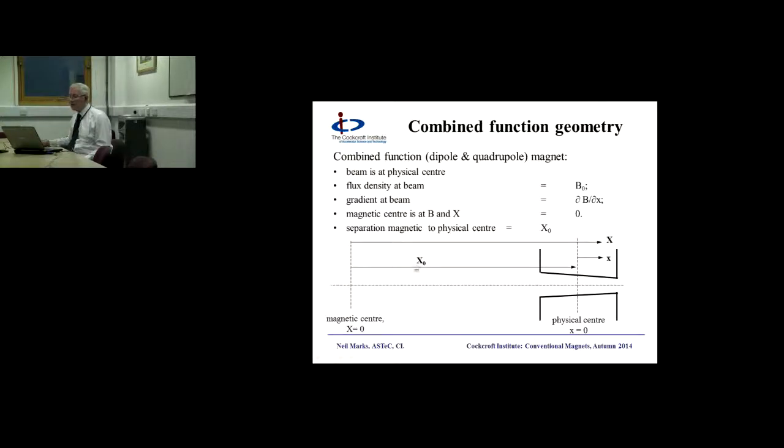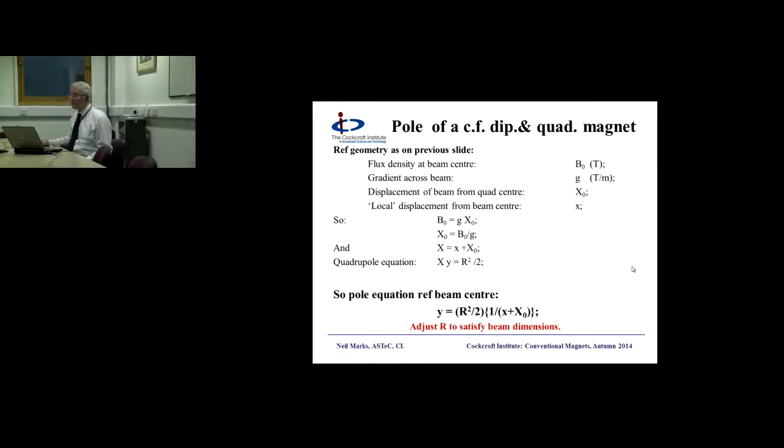But these parameters are 0. The large X naught and the big X are 0 back here at what would be the magnetic centre if it were a true quadrupole. And so here's the pole of a combined function dipole and quadrupole magnet, and we have the equations here, and so the pole equation reference to the beam centre is just given by this, and we can adjust R, that's the inscribed radius of the quadrupole.